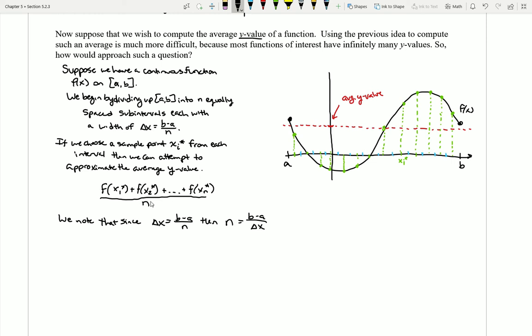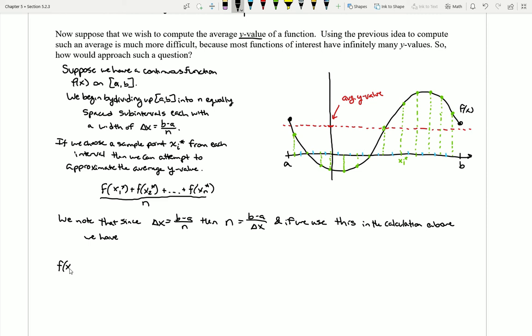Now, the interesting part is that I can see that n is occurring here inside this average formula. And if we use this equation here, n equals b minus a over delta x, in the calculation above, we would end up with the following.